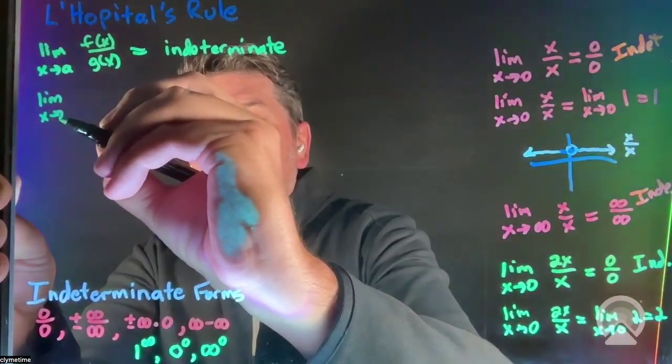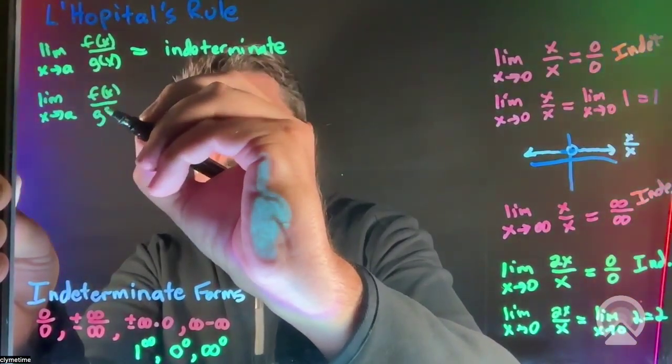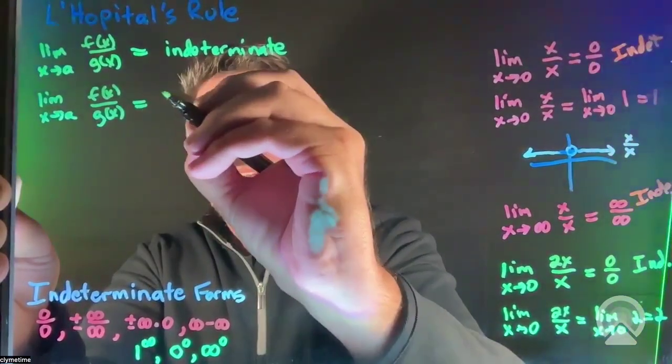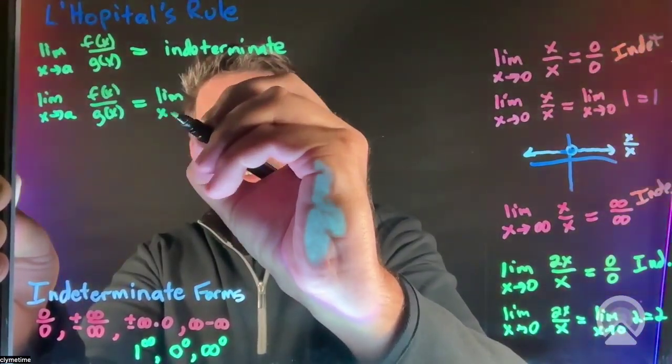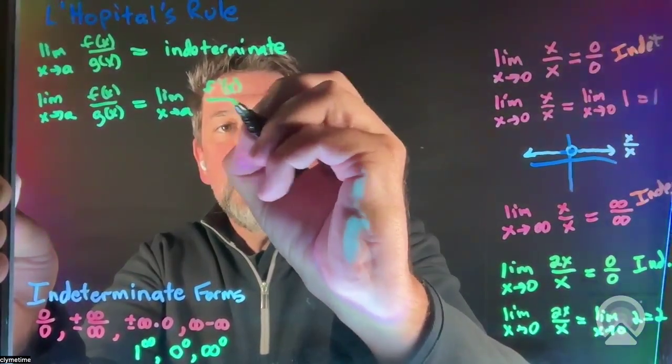So the limit as x approaches a of f of x over g of x is going to be equal to the limit as x approaches a of f prime of x over g prime of x.